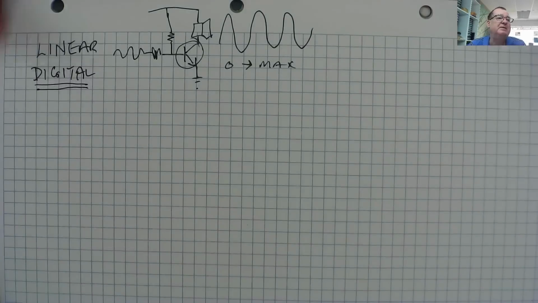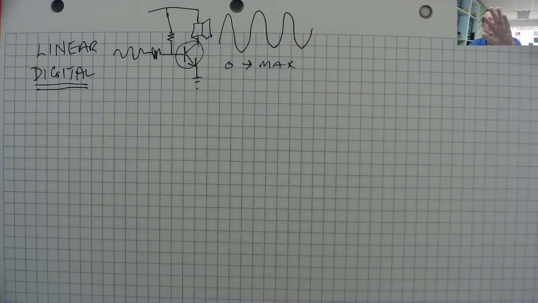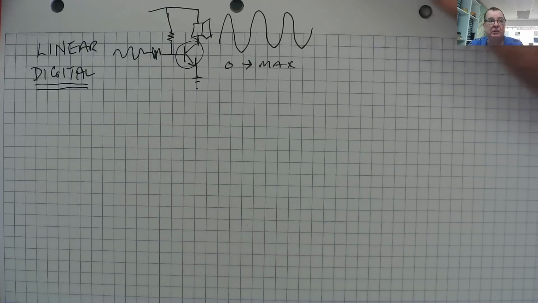Well, the word digit can mean a finger, fingers, digits. But it can also mean a number, a numerical digit, the digit 1, 2, 3, 4, 5, and so on. And digital circuits can also handle mathematics, digits.